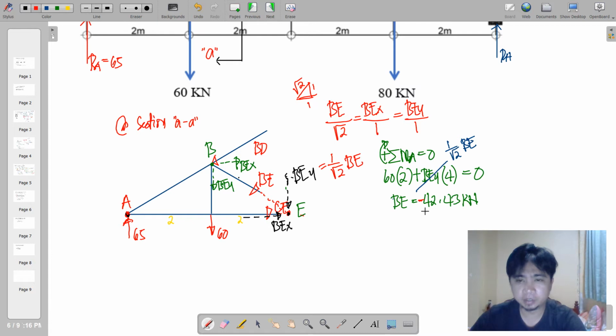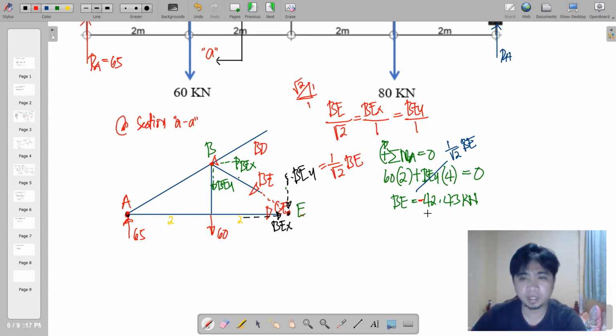What is the indication of the negative? It means that we have a wrong assumption on the direction of BE. As you can see, BE is away from your joint. This is your original joint, take note of that. It is away from B, and therefore it is assumed initially as tension.